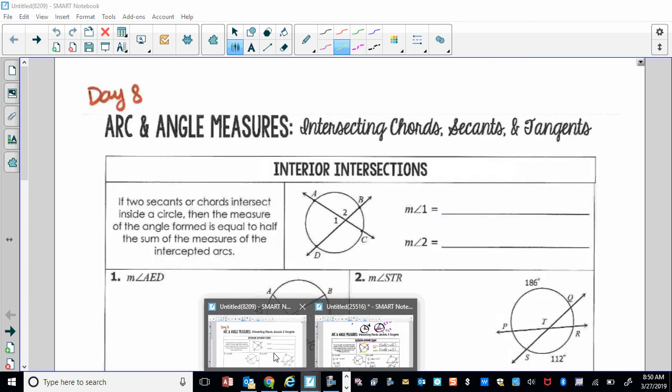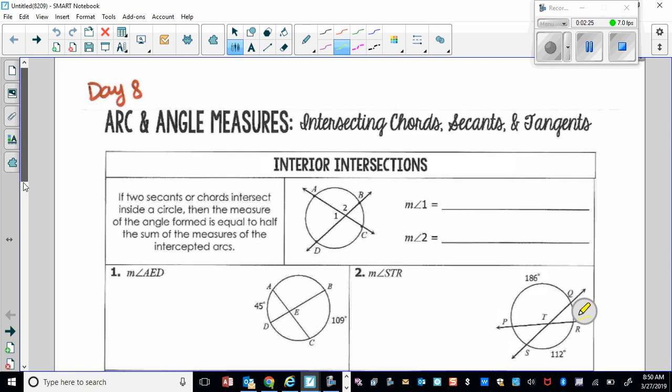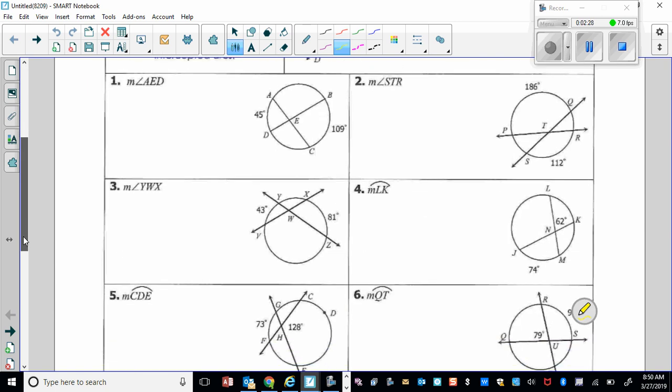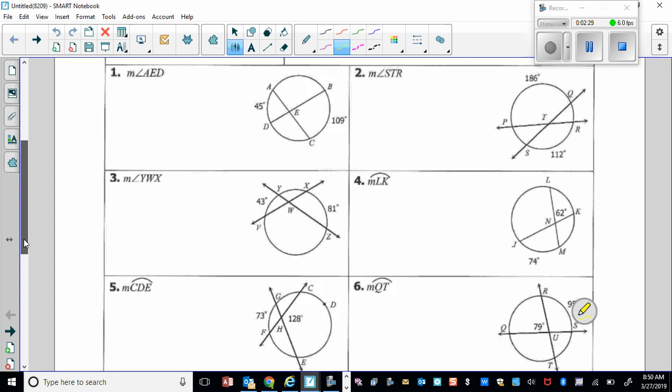All right, so how do we apply this? Let's do a couple of problems. Maybe we'll do the odd side, and then we do the other side in class, okay? For the first one, you're looking for this angle E. So angle AED, I like when they name it with a number because it makes it easier, is going to be half of the intercepted arc.